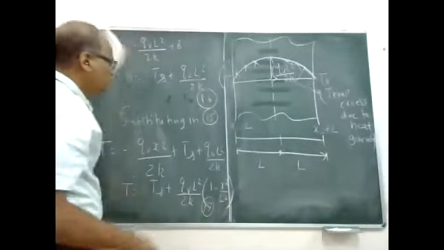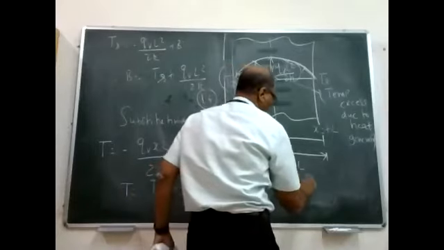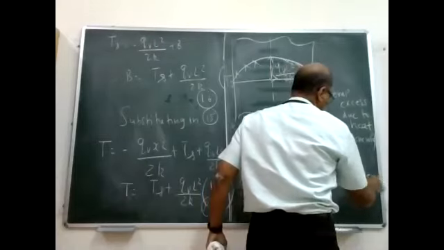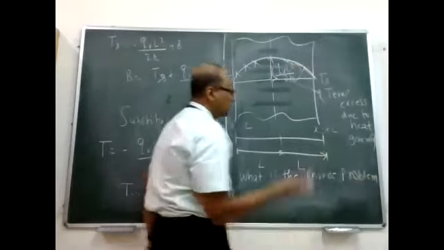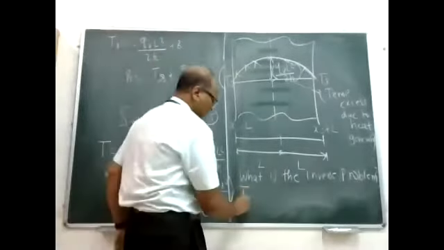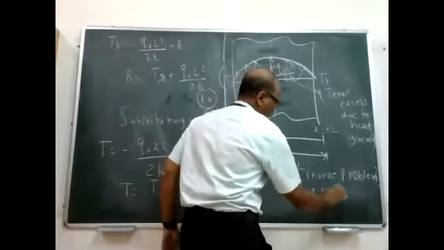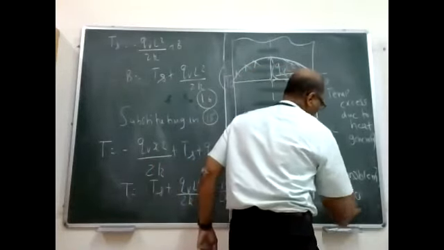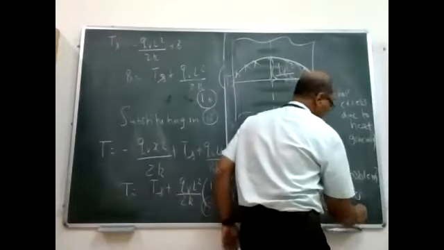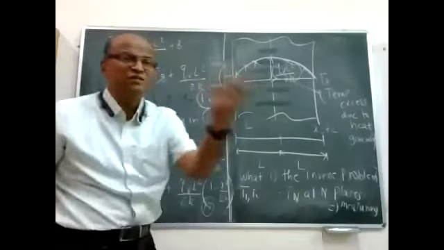Now, what is the inverse problem? The inverse problem is: T1, T2, I'm measuring, but QV is something I don't know.